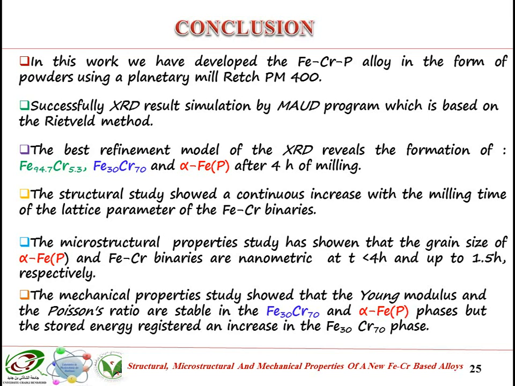The mechanical properties study showed that the Young's modulus and the Poisson's ratio are stable in the iron 30 chromium 70 and alpha iron P phases, but the stored energy registered an increase in the iron 30 chromium 70 phase.